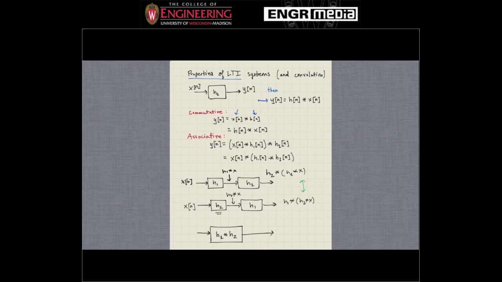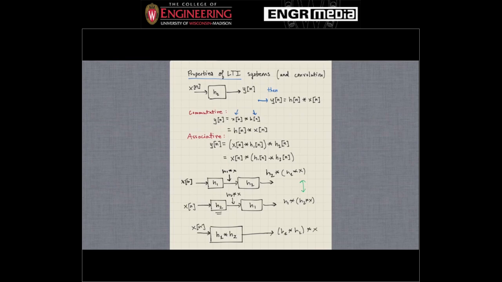Likewise, that tells us, lastly, that if we just take the same signal x of n and input it into a filter that has the impulse response equal to h1 convolved with h2, that's also going to be the same, right? Because this output now would be h1 convolved with h2 convolved with x.